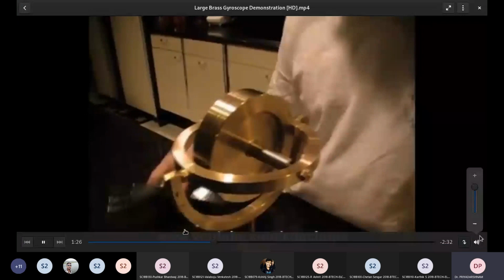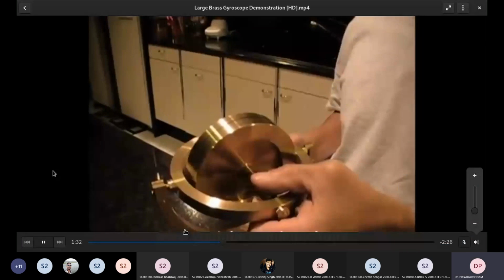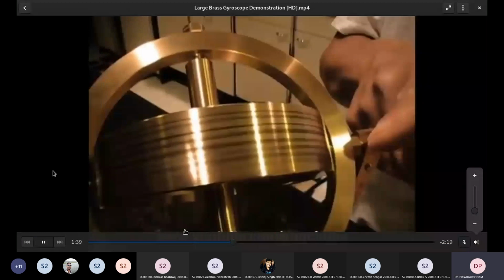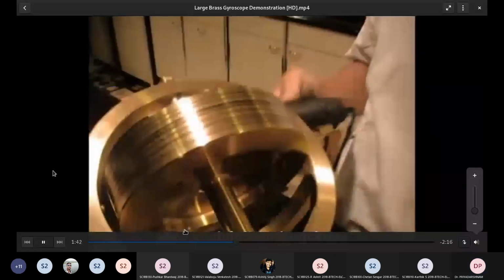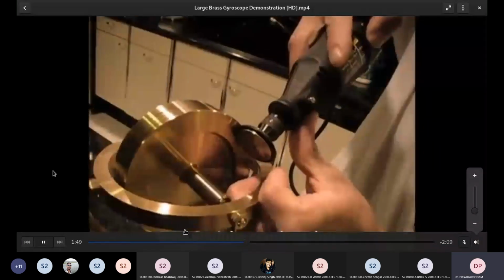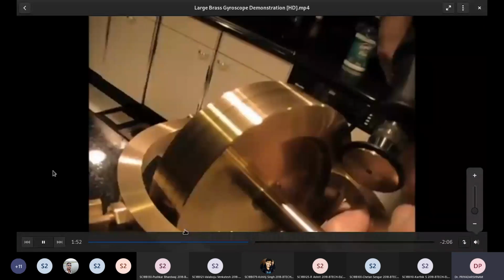You can rotate the wheel, and then you have one more thing. What he has done is he has spun up the wheel in the center. He is using this motor to spin the central wheel to a reasonably high velocity. So since it is heavy, it has a very good momentum.